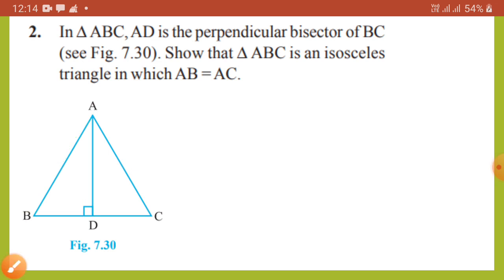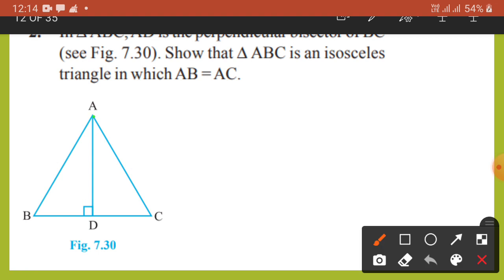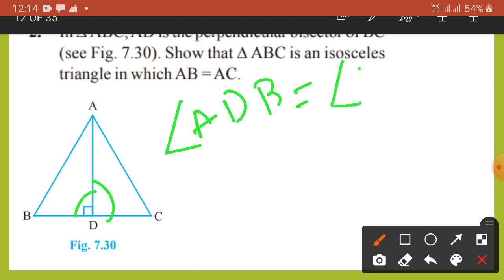Now in triangle ABD and ACD, this angle is equal to this angle, equal to 90. So we can write that angle ADB is equal to angle ADC equal to 90.